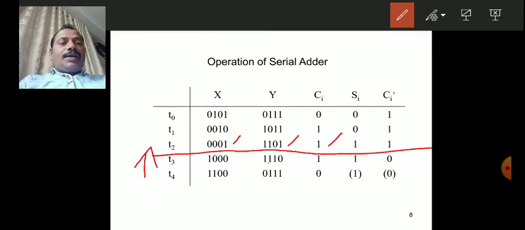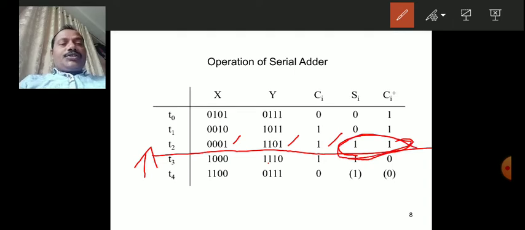That means 1 plus 1 plus 1, that is 1 1. The sum is 1, carry is 1. This 1 1 is available at the output of the full adder. At the output of the full adder, these 2 bits are available.